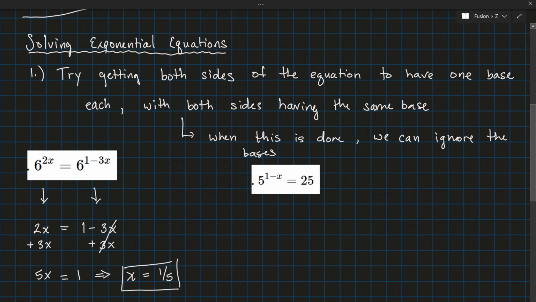Both sides had base 6. But now we have left side base 5, and then right side it's just 25. Is there something we could do to make that have the same base on the right side? You could like multiply it or square the 5 on the right. And then you also square it on the left. So I guess we multiply it on the left.